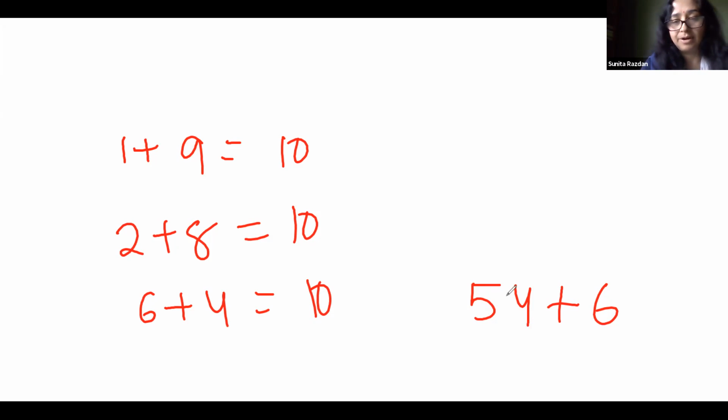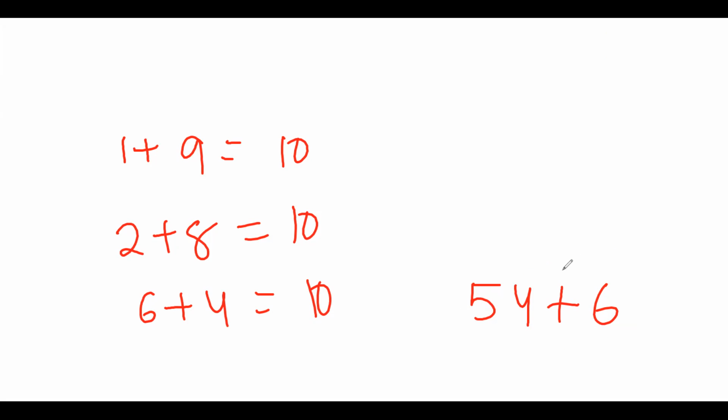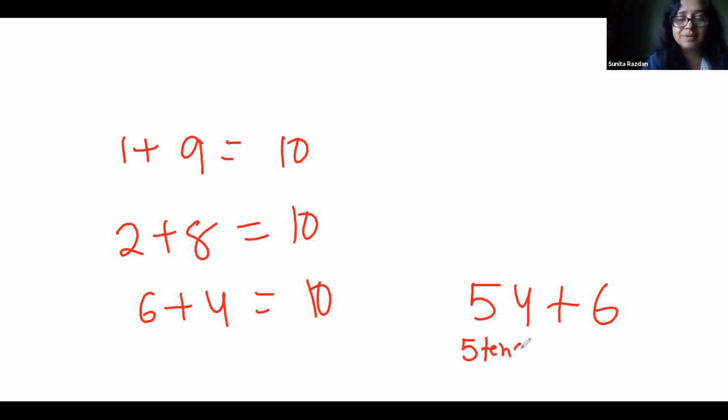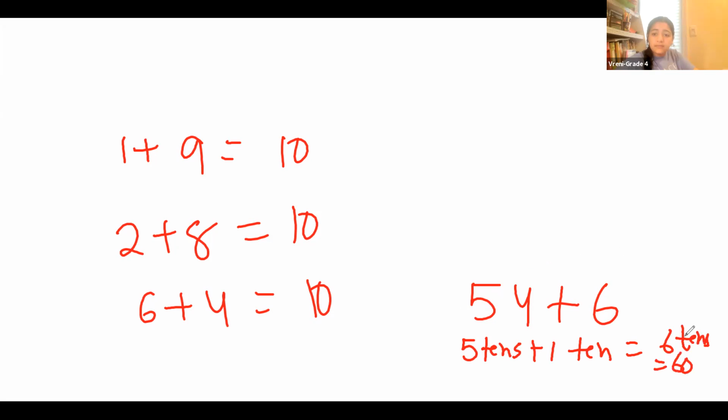Now you will think about how many tens are here. There are 5 tens, right? Yes. And then what about this? It makes 10, one more 10. So 5 tens plus 1 ten is equal to 6 tens, and that is equal to 60.